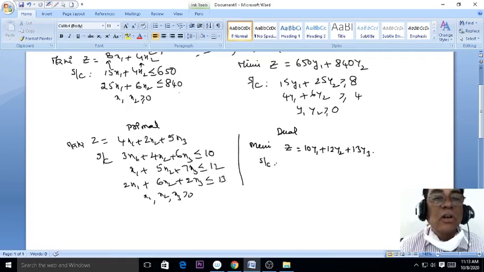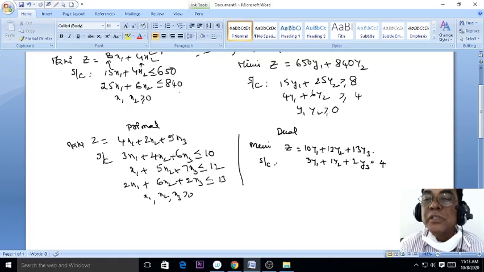Take the first column coefficients 3, 1, 2, so 3y1 plus 1y2 plus 2y3. The corresponding value for the first column is 4 in the objective function, so first we write down 4 here. See the first inequality symbol given in the first equation.